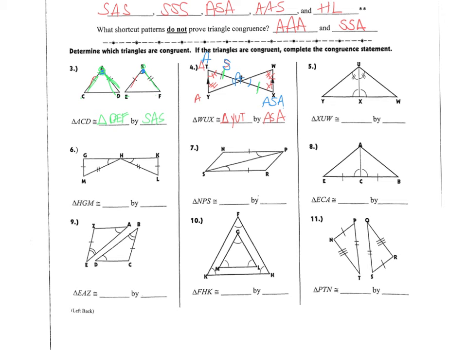All right, if we look at number 5, you could see that we have an angle here, and we have an angle here, and we know that we can use the reflexive property here, and so therefore triangle XUW is going to be congruent to triangle XUV, and that is by angle, side, angle.